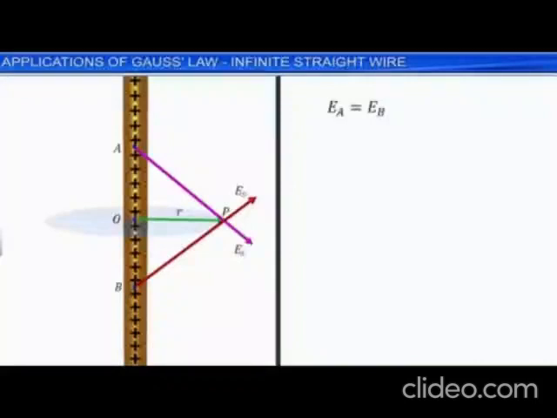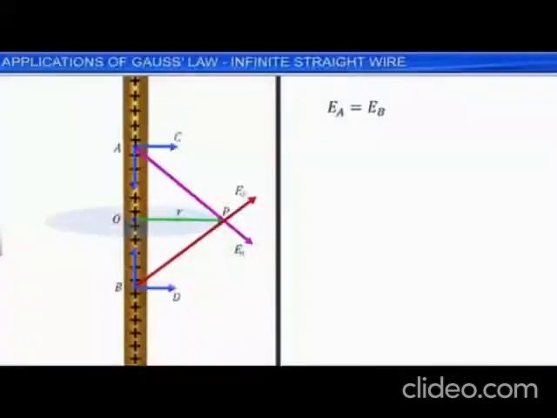EA is resolved along AC and AO, which are along the horizontal and vertical directions. Similarly, the components of EB are along BD and BO, which are also along the horizontal and vertical directions. As the magnitudes of EA and EB are equal and elements A and B are symmetric about O, the magnitudes of the horizontal components of the electric fields are also equal.